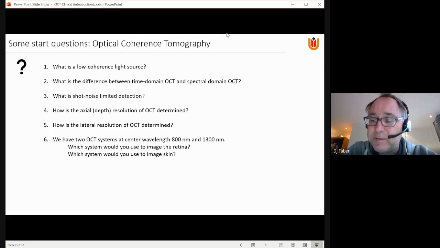That's a good point. So there are two important optical properties that determine what kind of signal you get back. The one is scattering, the other one is absorption. So in which situation do you think absorption hampers you more?